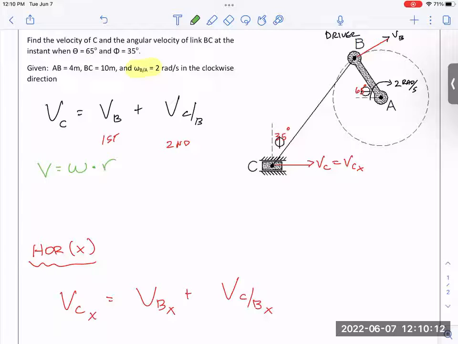I was given an angular velocity of 2, and the radius from A to B was 4. Aha, so the velocity of B is actually 8 meters a second.